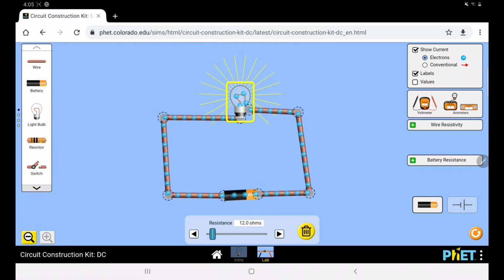Now, when there are very small resistances in a circuit, in Ohm's law, which states that E, which is a constant voltage, in this case the battery, 9 volts, is equal to I times R, and I is current and R is resistance.